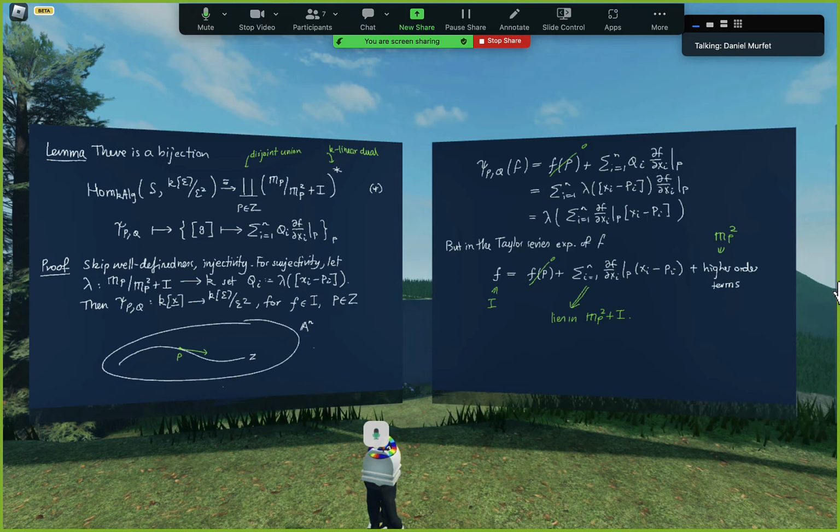But lambda vanishes on such things by hypothesis. Right? So hence psi pq f is 0, because this being in MP squared plus I means this here is actually 0.